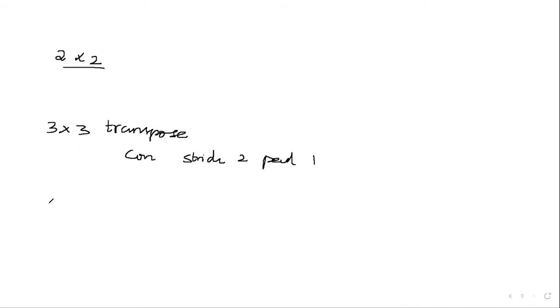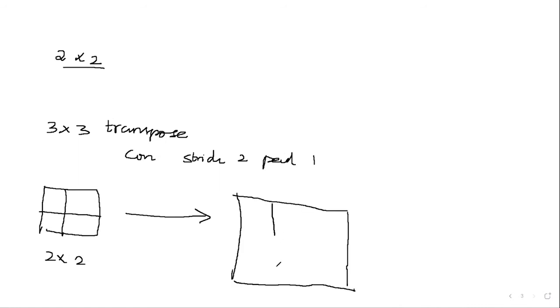Let me show you how it works. Say for example, this is the input, 2 cross 2. Now what will happen? This input gives weight for the filter. Look into this one.